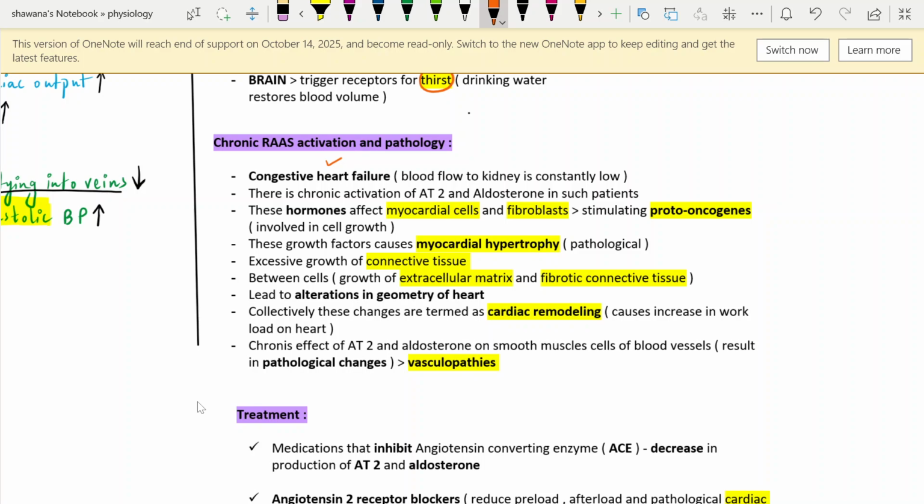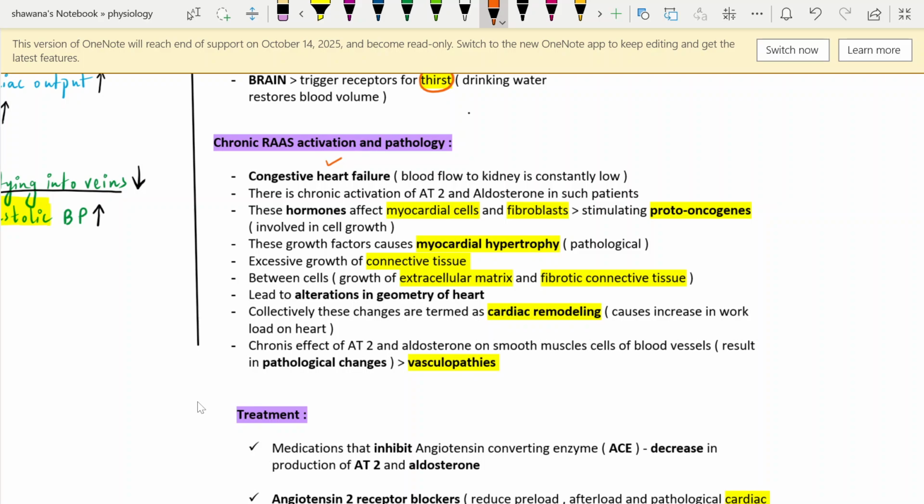Not only hypertrophy, but also excessive growth of connective tissue, the extracellular matrix, and fibrotic connective tissue. Their growth will also be increased under the influence of fibroblasts, angiotensin 2 and aldosterone. In all these conditions, it will cause an alteration in the geometry of the heart.